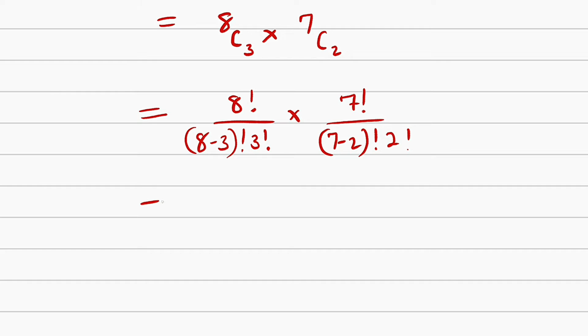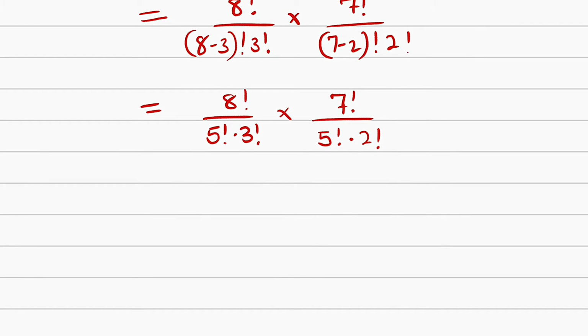So this is the same thing as 8 factorial divided by 8 minus 3 is 5 factorial, then also 3 factorial, then multiply by 7 factorial divided by 7 minus 2 is 5 factorial, then 2 factorial.